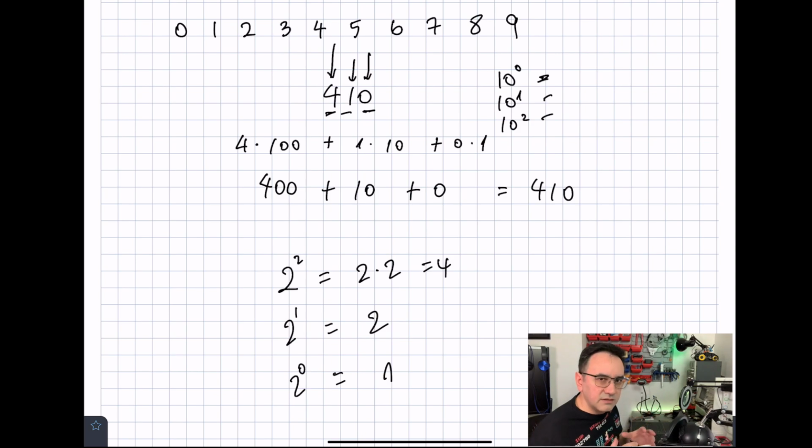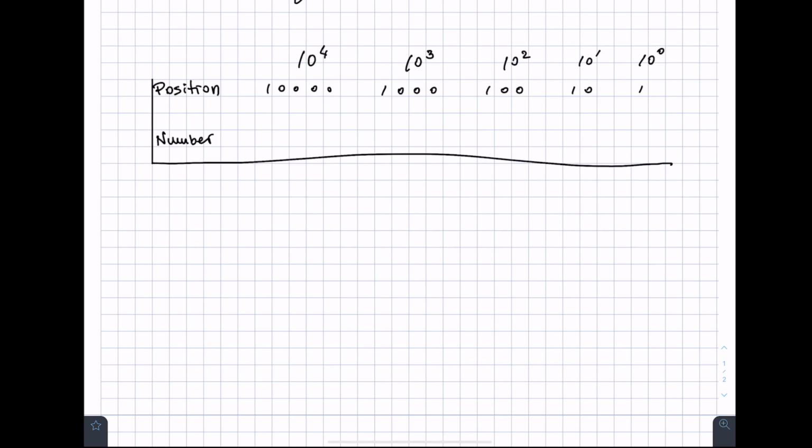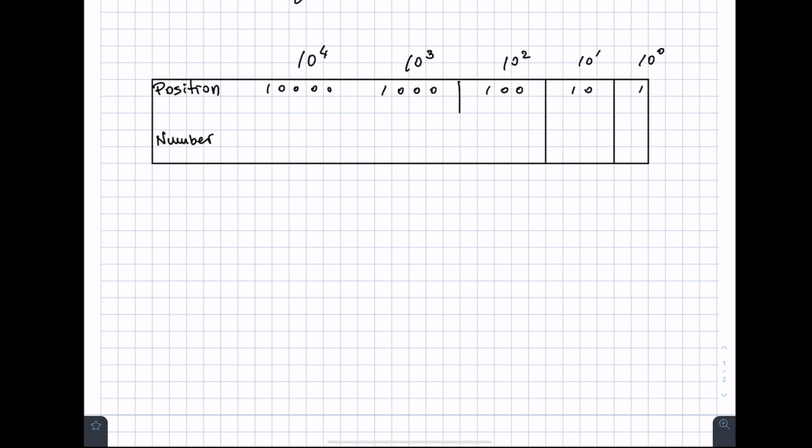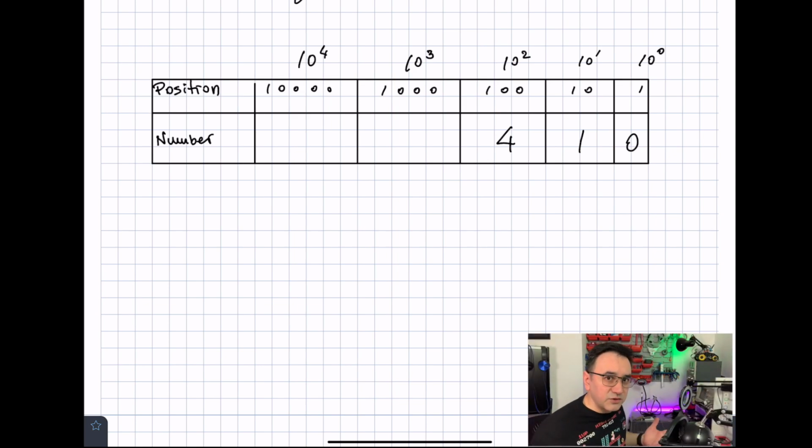Okay, so let's see this in a little table. Maybe it's easier. Excuse the fact that the cells are not of equal width, but it's okay.